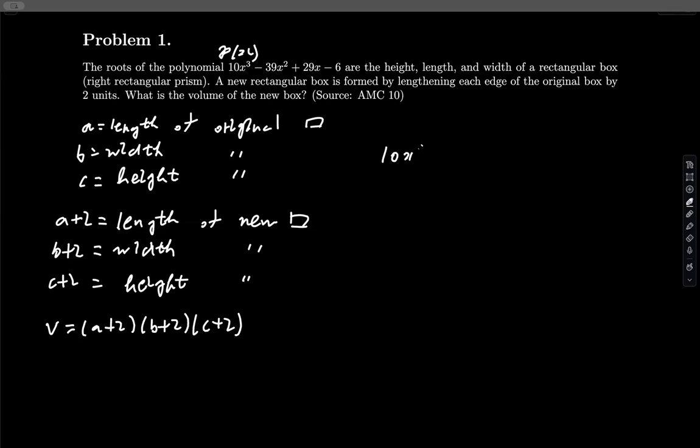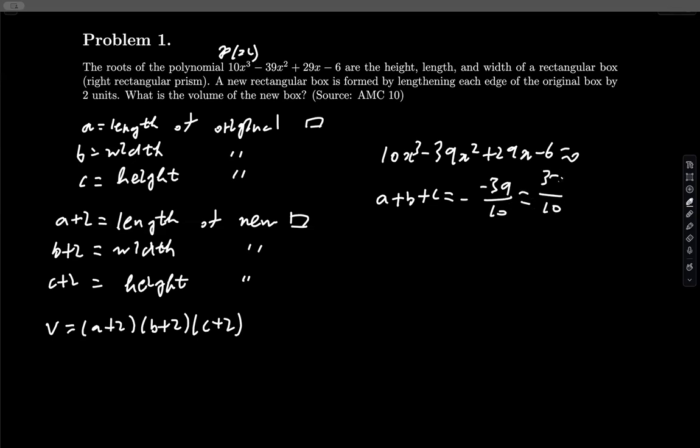Using Vieta's formula, we know that A plus B plus C is equal to negative B over A, so this is equal to 39 over 10.